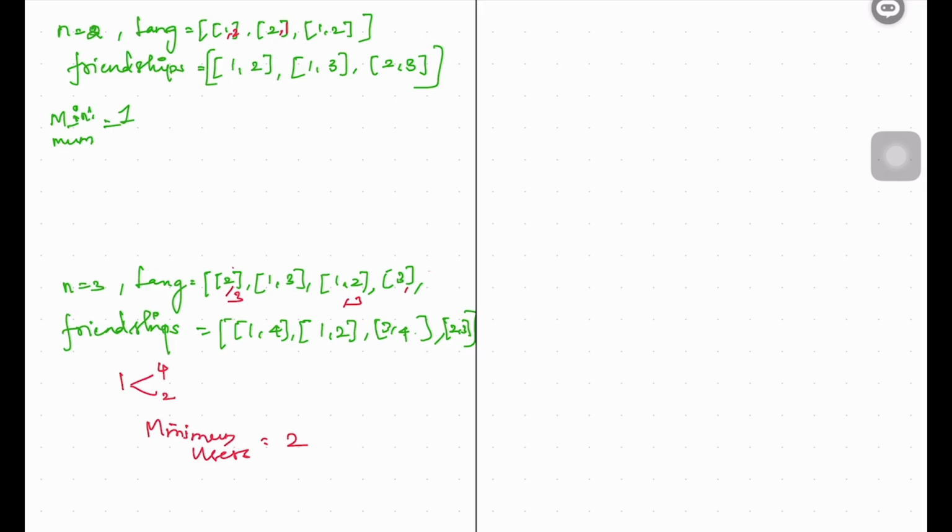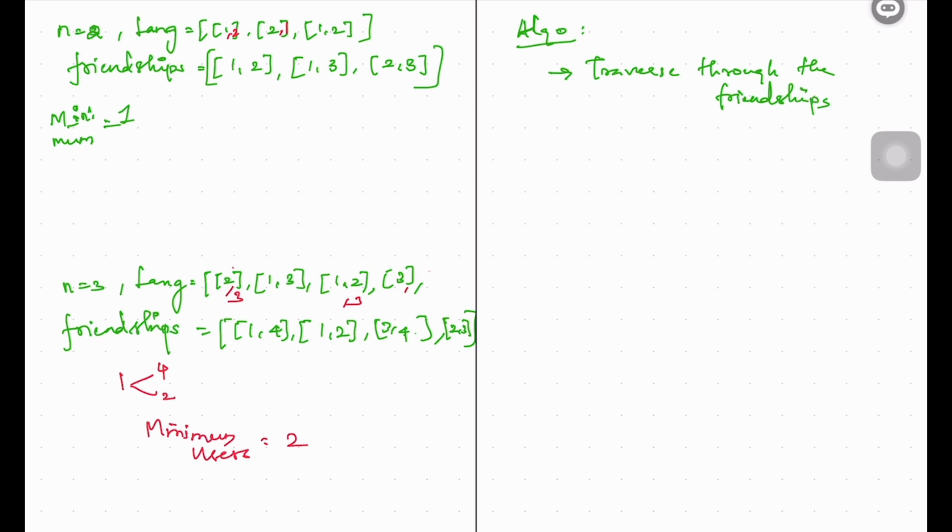Got it? So basically what we are doing, we'll be checking the friendships and what all languages each person knows, and we'll map that in a map. The basic algorithm that I can think of is, first traverse through the friendships.